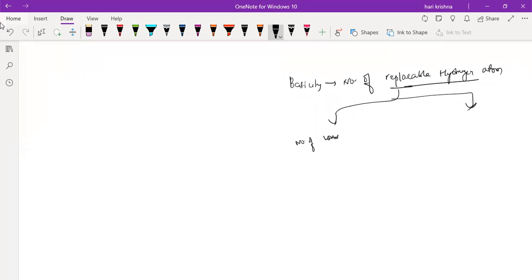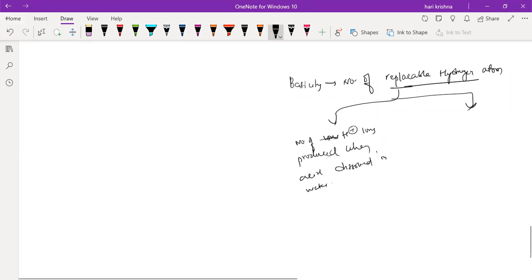Next one: the number of hydrogen atoms attached directly to oxygen. Sai Charan, what is the answer? The number of hydrogen atoms directly attached to oxygen. Fine.